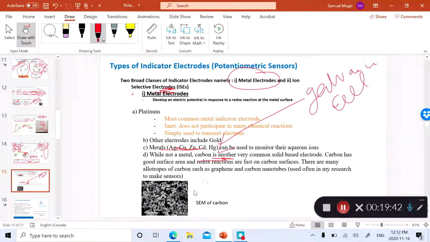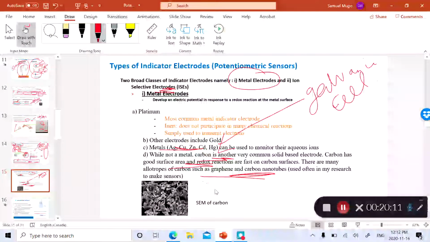The reason carbon is very good is, one, it's very inexpensive, but also it has a very big surface area, depending on the type of allotrope of carbon that you're using. There are many allotropes out there. Of course, graphite is very common. But recently, people have been using carbon nanotubes, which is a tube morphology of graphite.